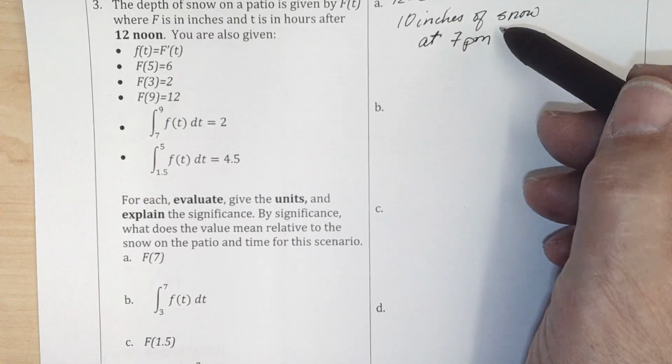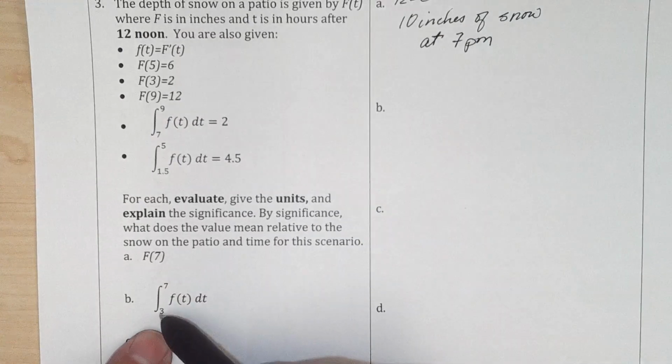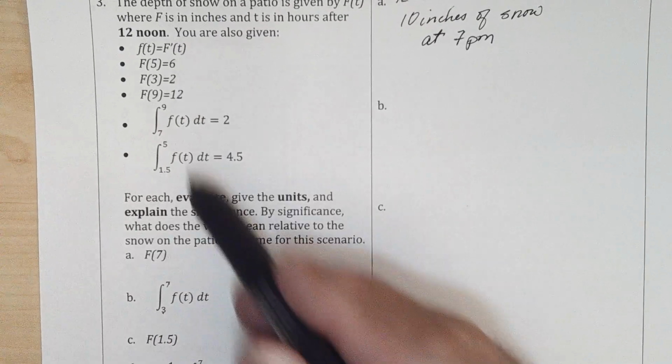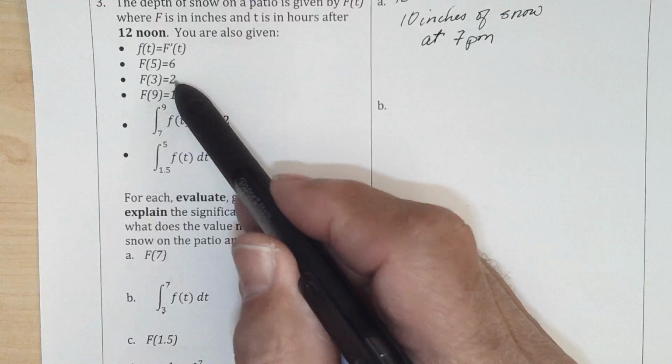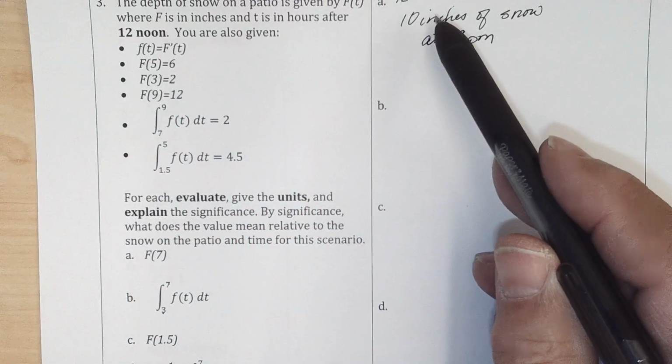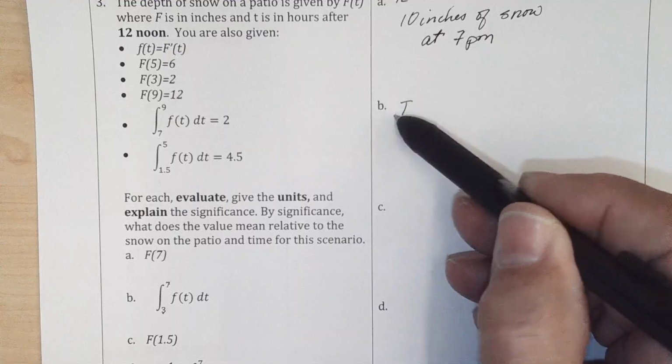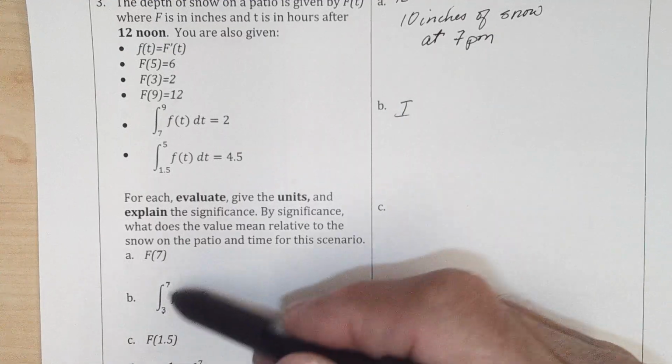Now it says, how much did the snow increase between 3 p.m. and 7 p.m.? Well, at 3 p.m. it had 2, at 7 it has 10, so it increased. Doing the integral, you're finding the change.